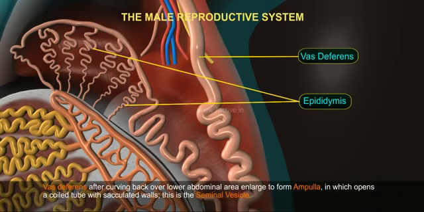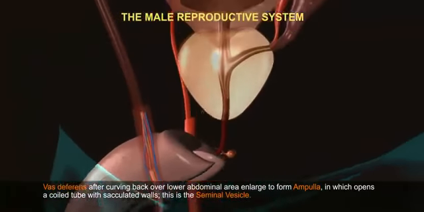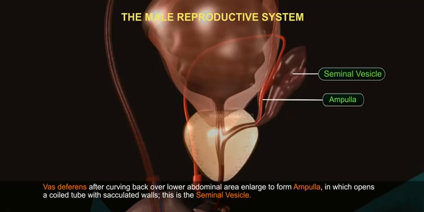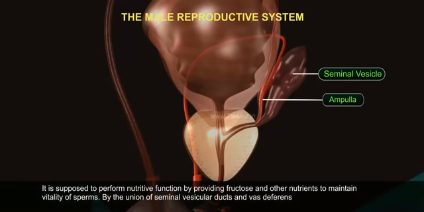The vas deferens, after curving back over the lower abdominal area, enlarges to form the ampulla, in which opens a coiled tube with convoluted walls. This is the seminal vesicle. It is supposed to perform a nutritive function by providing fructose and other nutrients to maintain vitality of sperms.